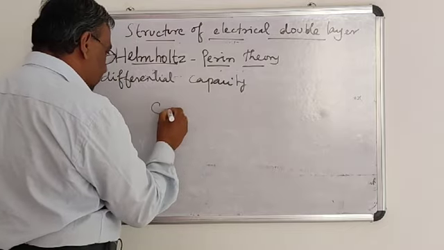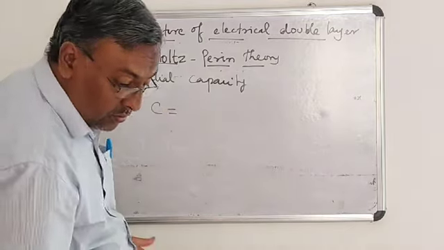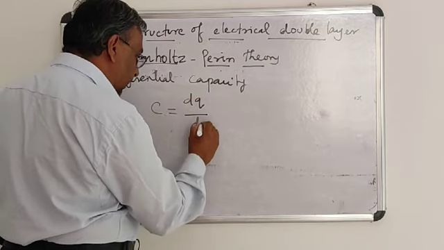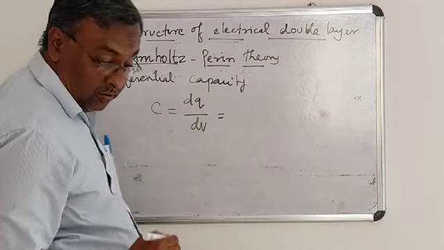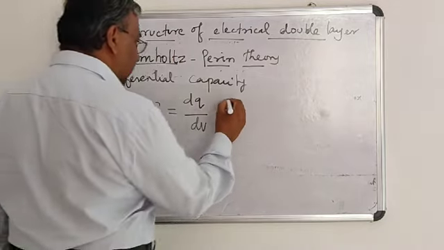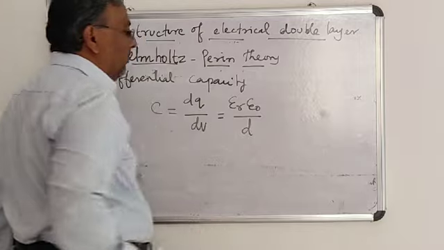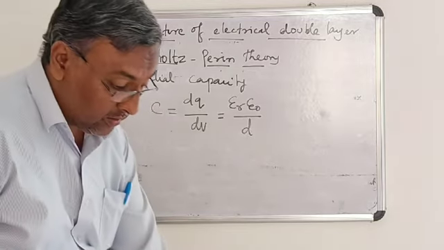I can write it as C equal to dQ by dV, which will be equal to epsilon r into epsilon 0 divided by d.